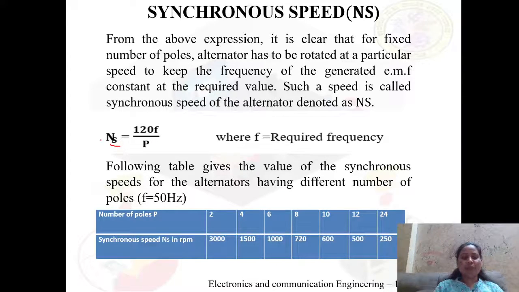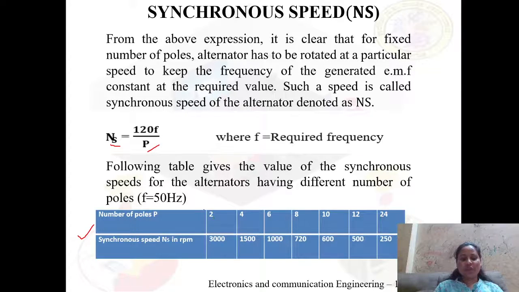And the speed of the rotors will vary depending on the number of poles. So this table will give us an idea of how it varies.